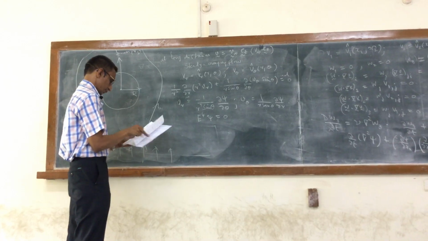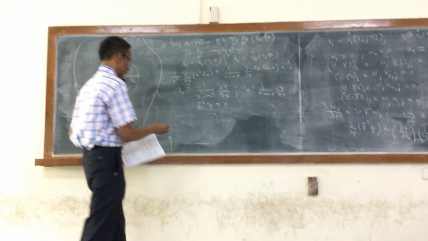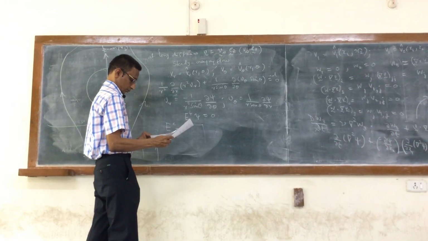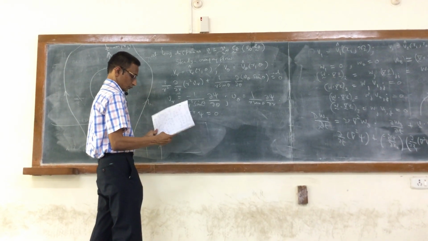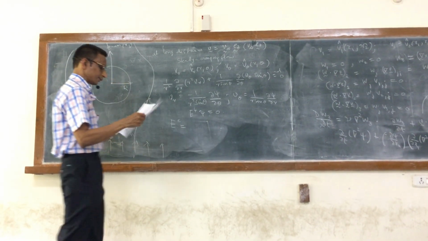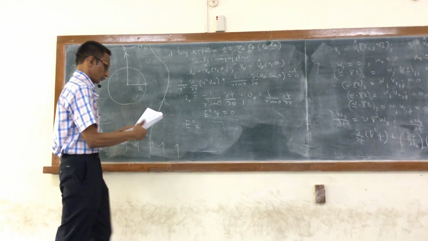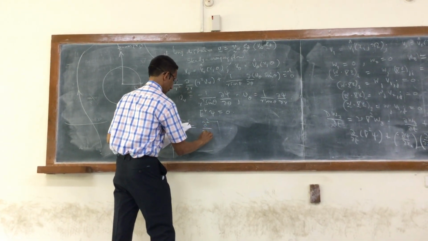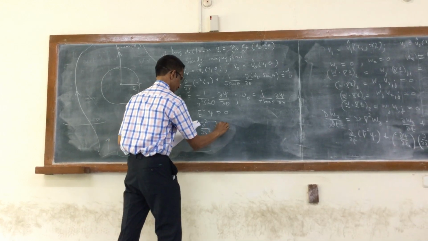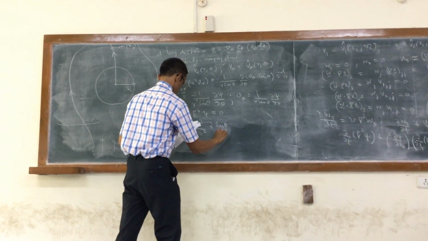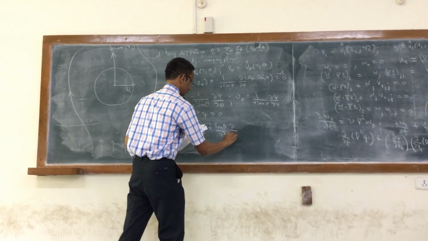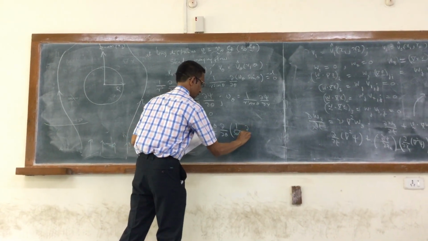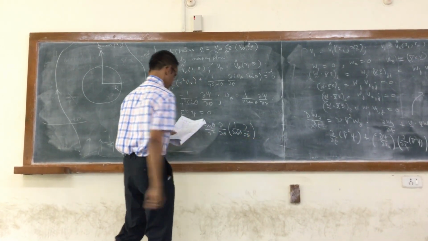E to the power 4 is E squared acting on itself. E squared is given to be d squared by dr squared plus sin theta over r squared d by d theta of 1 over sin theta d by d theta.